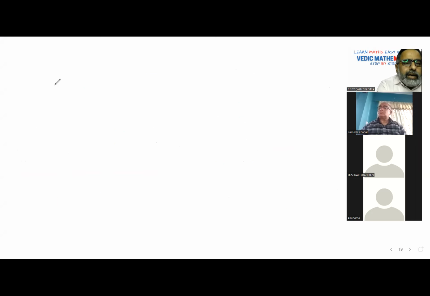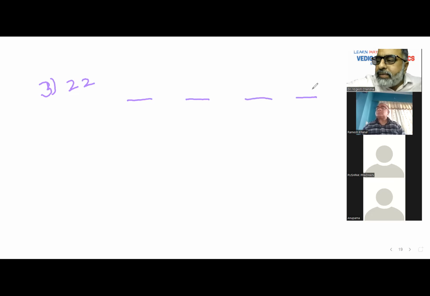Coming back to the topic, now numbers which have the same digits. Let's take an example, 22. This is the easiest approach. We just have to find the cube of the number. What is the cube of 2? 8.